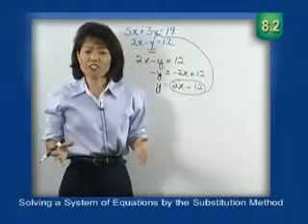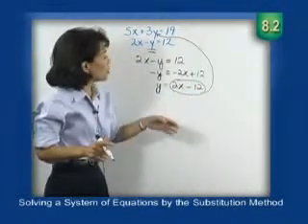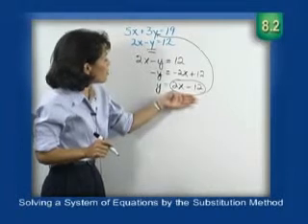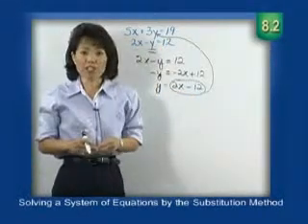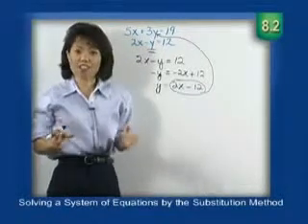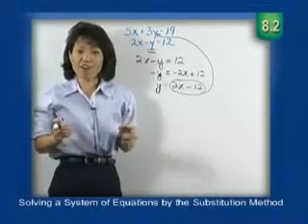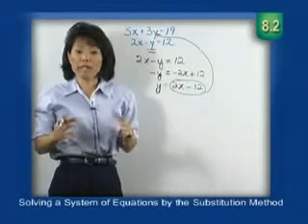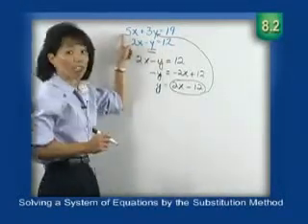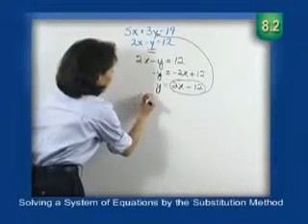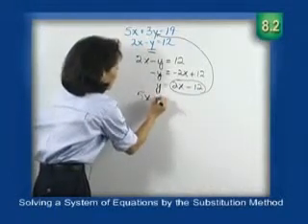Now you may be asking yourself, why are you doing that? Well, once I make this substitution for y, this first equation will be in terms of x only. Since I only have one variable, x, I'll be able to solve for x. So let's continue. Now I'm going to take my top equation, 5x plus 3.